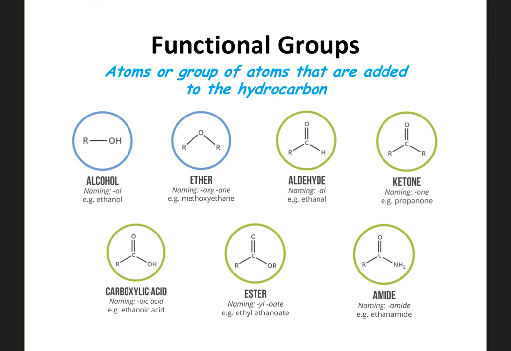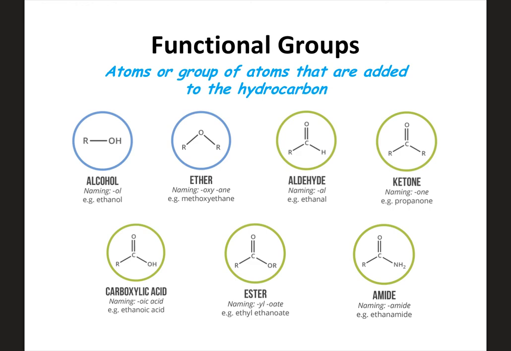An ester is when you have some type of organic group, you have your carbon double bond to your oxygen, but then that carbon with the double bond to the oxygen is attached to an O, and then there's another organic group hanging off of that. So you see this C double bond O, and that carbon is attached to another O, which is attached to another carbon group.